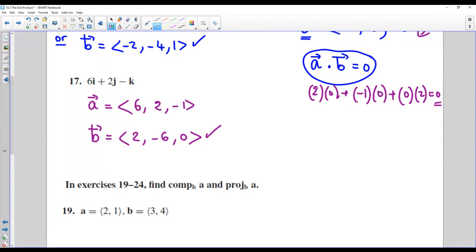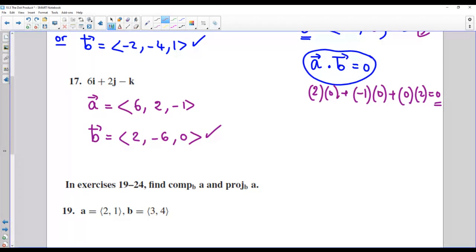But you can find other vectors. But -6, 3, 0, Aisha, no. That's not going to work. And even -3 is not going to work either.